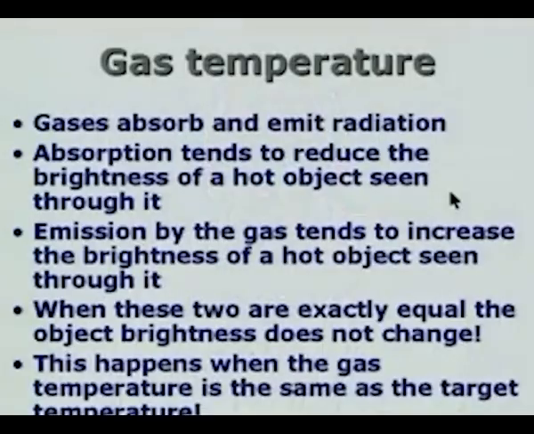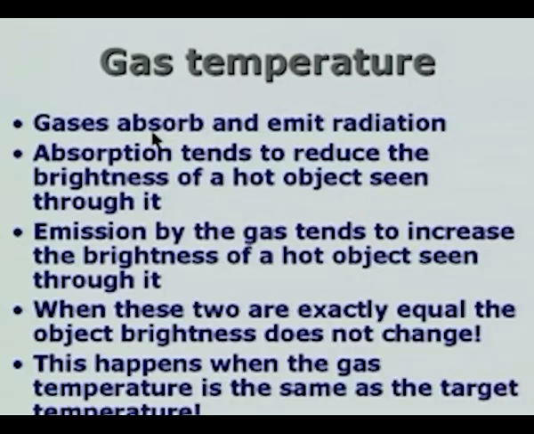Instead of going into the details about absorption and emission of radiation by gases, we will just look at what are the highlights, what are the important things from the point of view of gas temperature measurement. The first thing to notice is gases absorb and emit radiation.